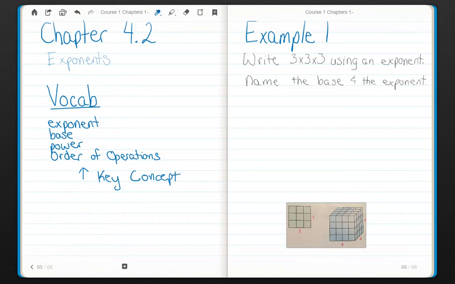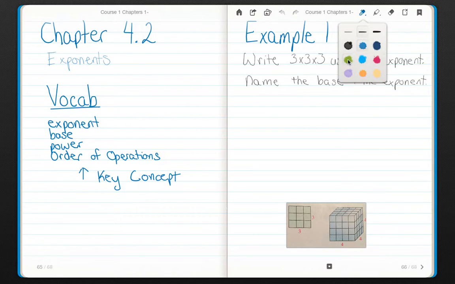Okay, example 1. Write 3 times 3 times 3 using an exponent. Then name the base and the exponent. So 3 times 3 times 3. My base is 3. It is the number that I'm going to multiply together.